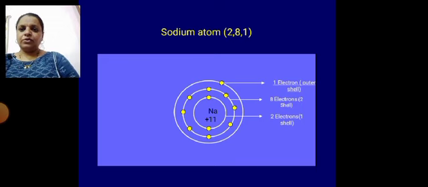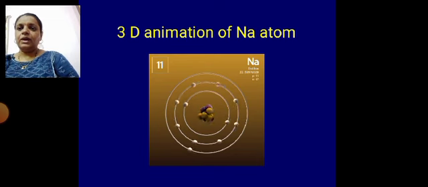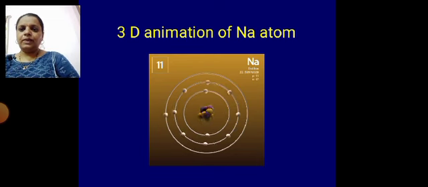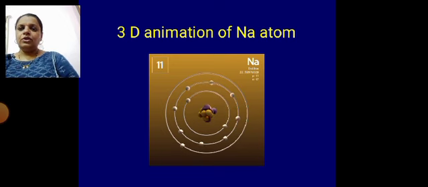That's why the configuration is 2, 8, 1. This is the 3D animation of the sodium atom, and we can see clearly here that the protons and neutrons are in the center, and the electrons revolve around the nucleus in shells.